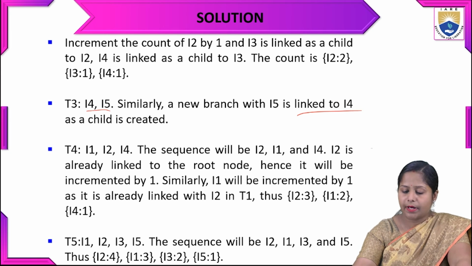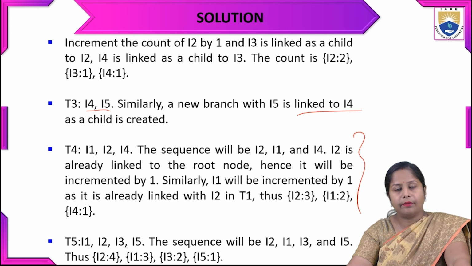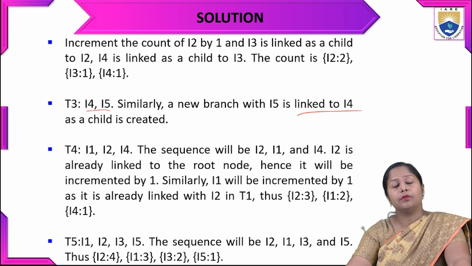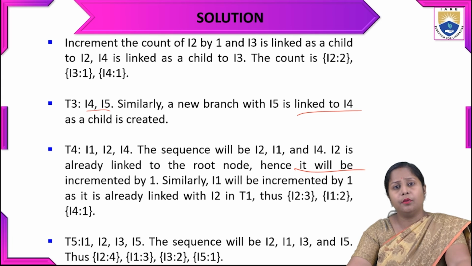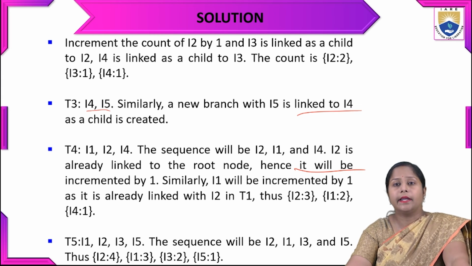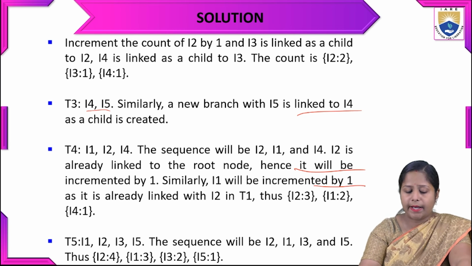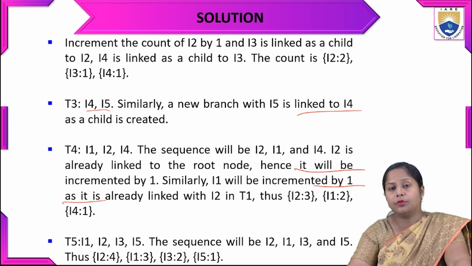Now in the next transaction, I1, I2, I4, the sequence will be I2, I1 and I4. Because I2 has already been linked to the root node in the first transaction, it is going to be incremented by 1. The count will be 2, then 3. I1 will be incremented as well, as it has already occurred in the T2 transaction.